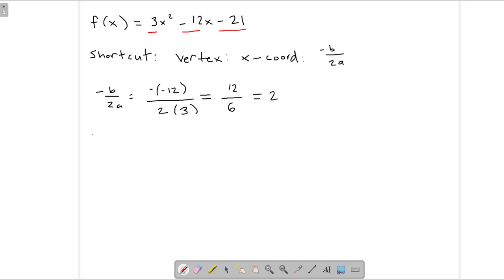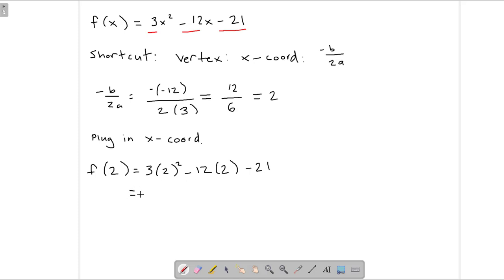And now we can find the y-coordinate by plugging in our x-coordinate. So plugging that into this f of x equation, f evaluated at 2 equals 3 times 2 squared, plugging it in right here for x squared, minus 12 times 2, minus 21, gives me 3 times this 2 squared here is going to give me 4, minus 12 times 2 is 24, and then minus 21. 3 times 4 is 12, minus 24 minus 21, and then just going left to right, 12 minus 24 is negative 12, minus 21, so that gives me negative 33.